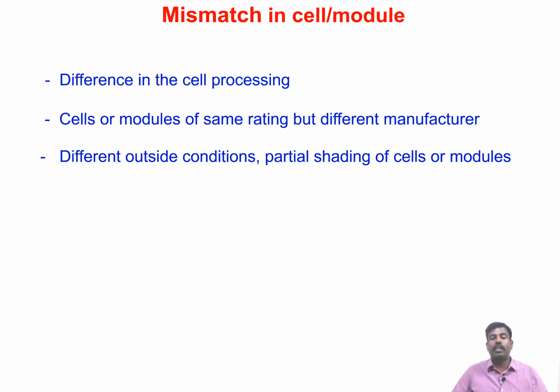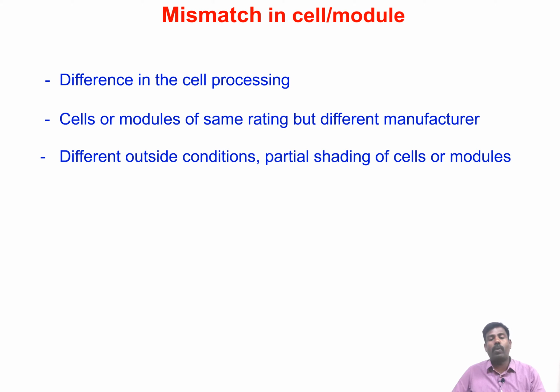The third cause is the different outside conditions, that is, partial shading of the cells. This will affect the characteristics to a larger extent, because you would have studied that the short circuit current is a function of irradiation. If there is a shade sitting on one module, the short circuit current of that particular module will vary very largely from the other one.